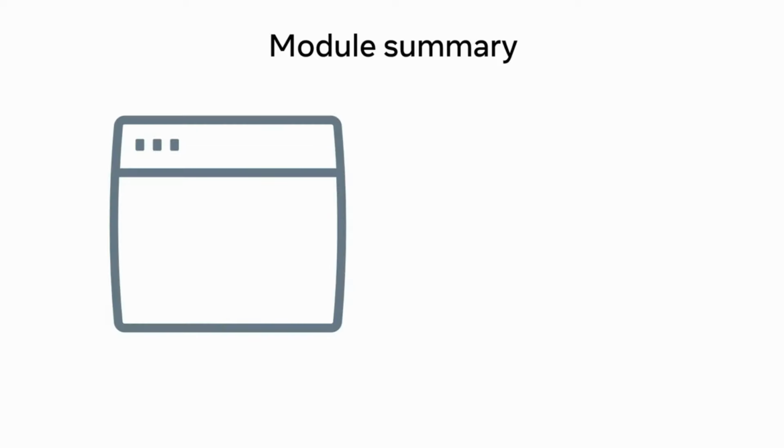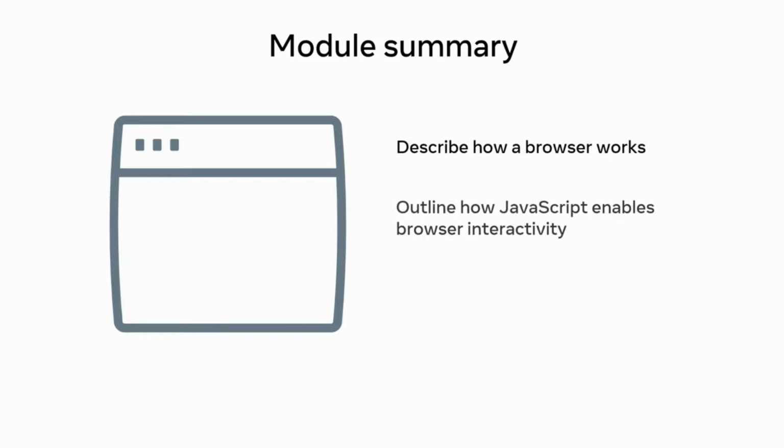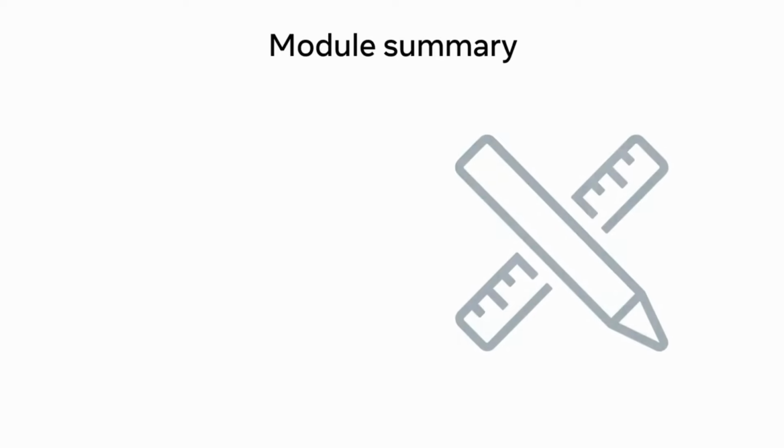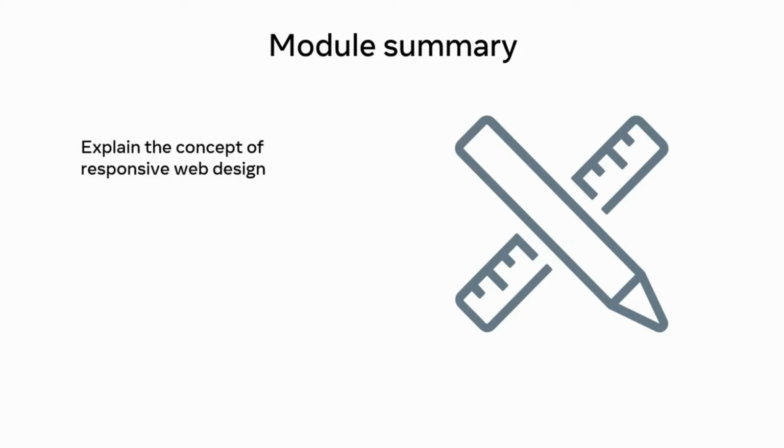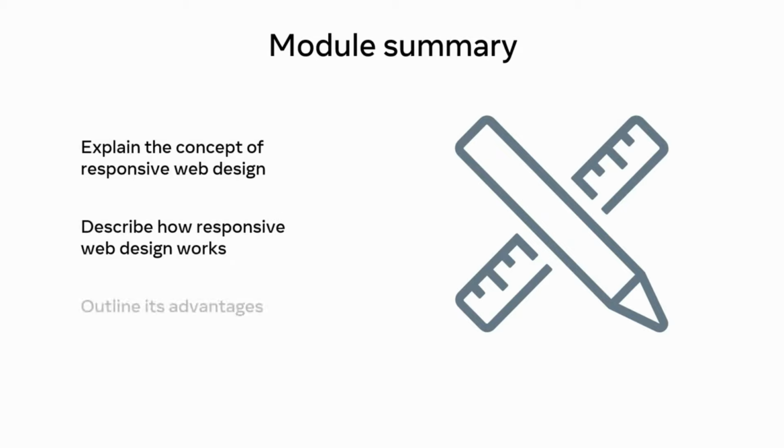You studied mobile and web browsers and can now describe how a browser downloads and renders a website, outline how JavaScript enables interactivity in a web browser, and identify the advantages of mobile and desktop browsers. And finally, you explored responsive design and learned how to explain the concept of responsive web design, describe how responsive web design works, and outline the advantages of responsive web design.